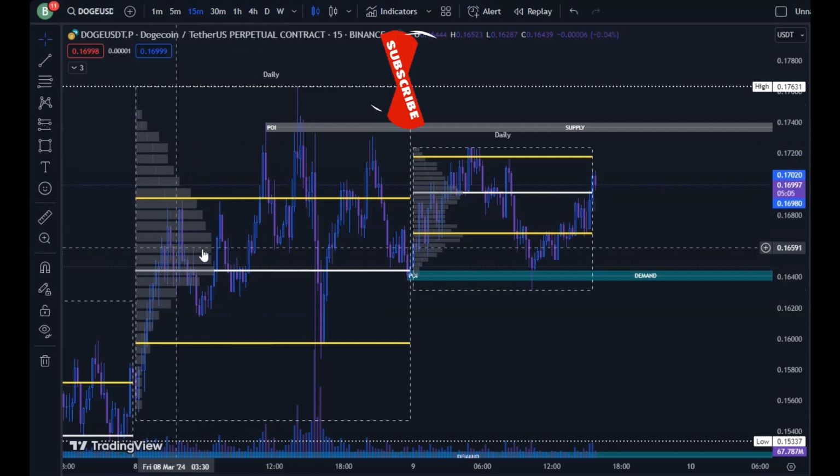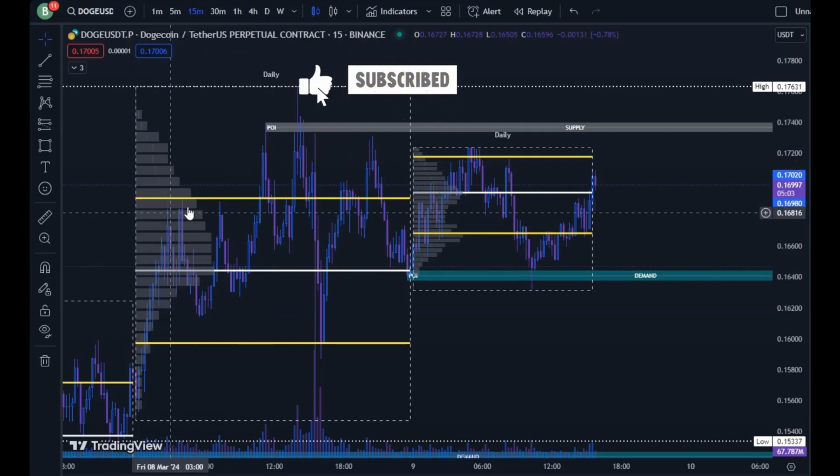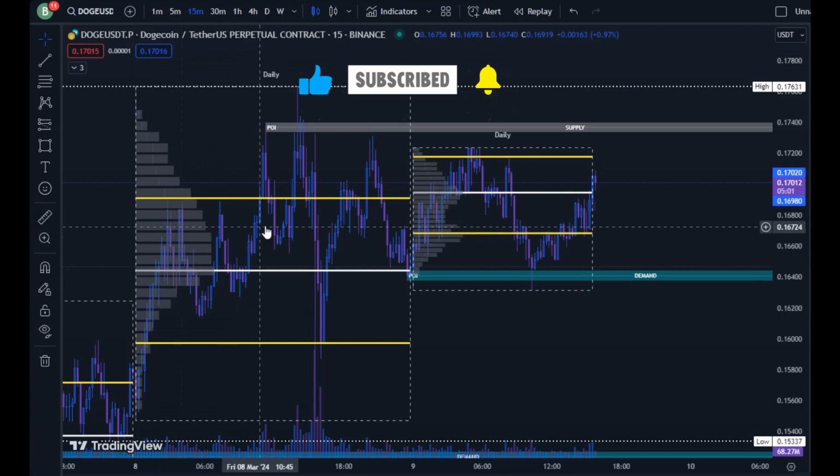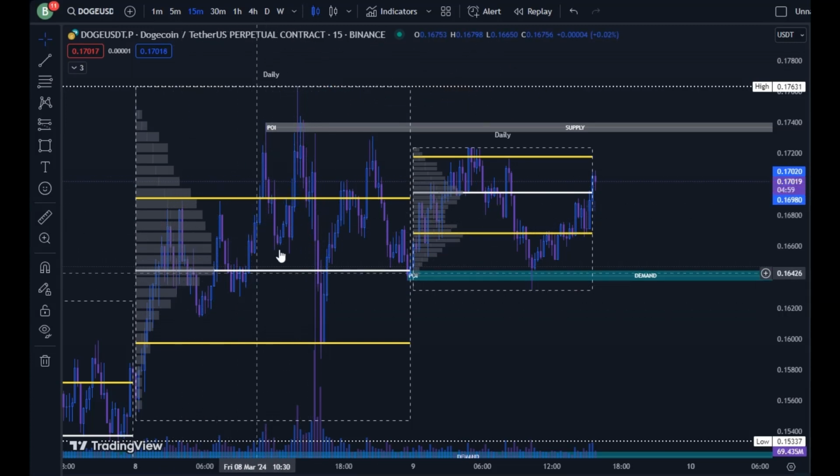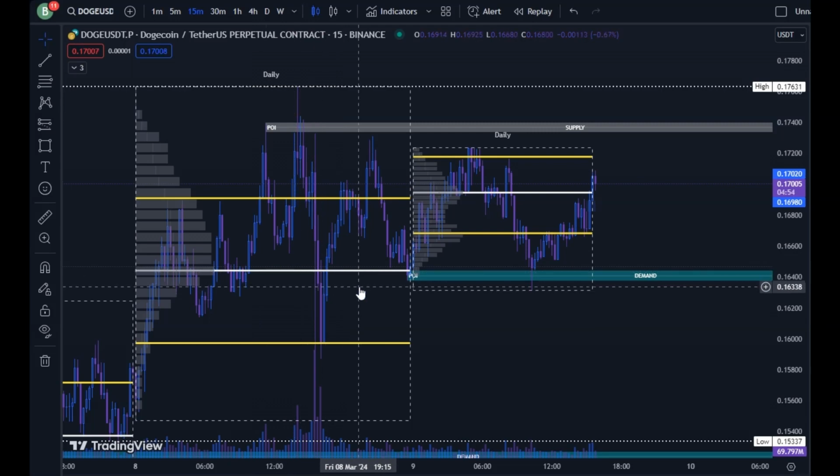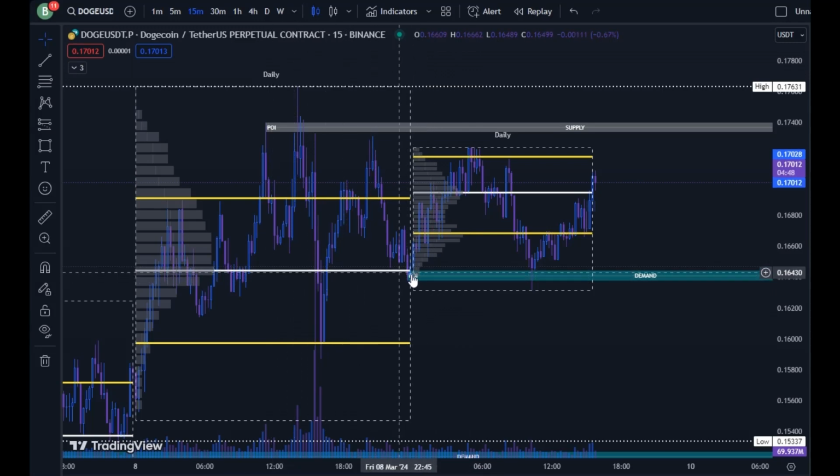We've got all this volume inside the point of control, a lot of choppy action yesterday inside it. And today we're going to be watching the previous day's point of control.